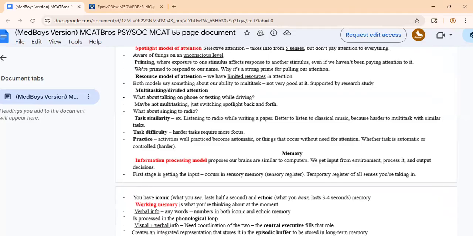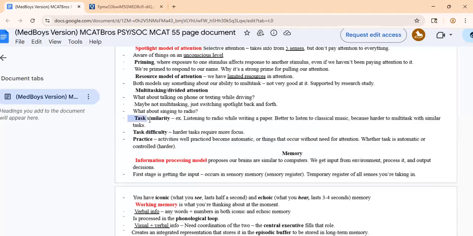But it's really good to have tasks that are similar, because it's harder to multitask when doing something that requires a lot of focus. Task difficulty happens when we're having harder tasks that require more information and more focus.